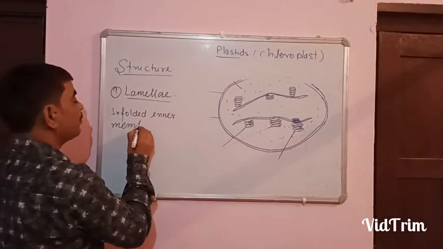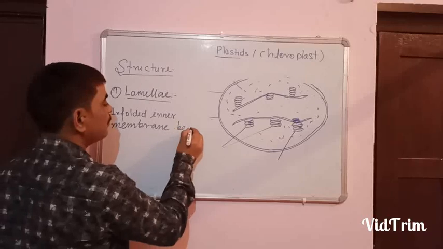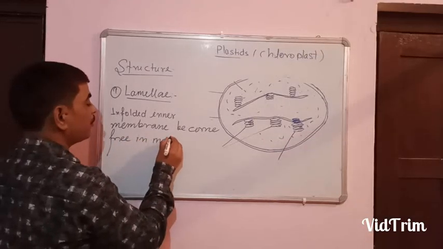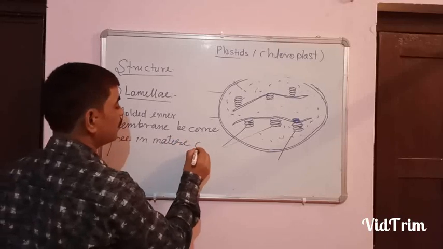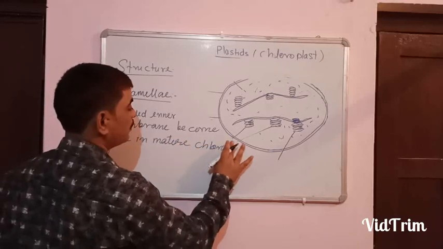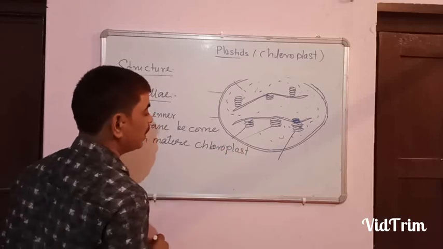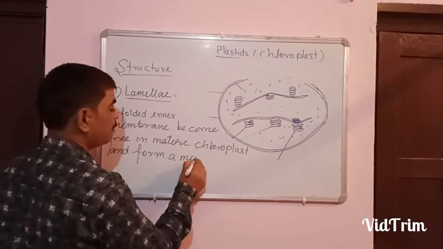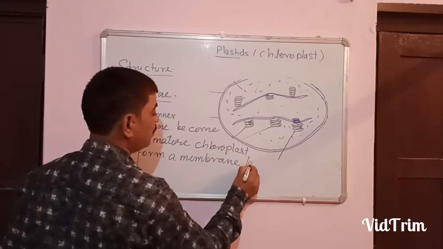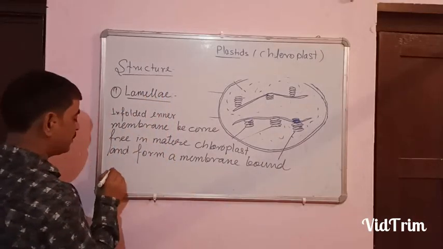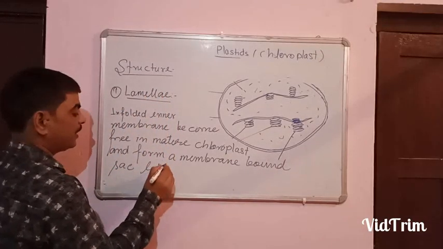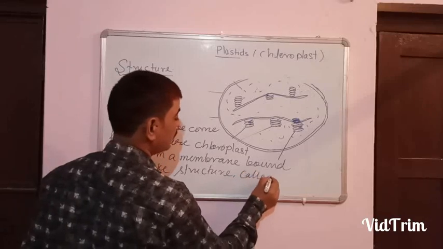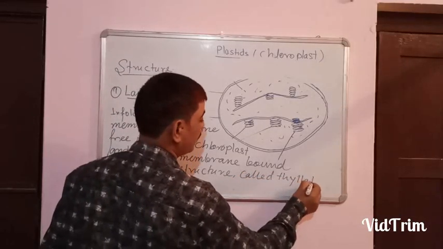The infolded inner membrane becomes free in mature chloroplast, forming membrane-bound, oval sac-like structures, and these structures are called thylakoids. I think now you will be clear.